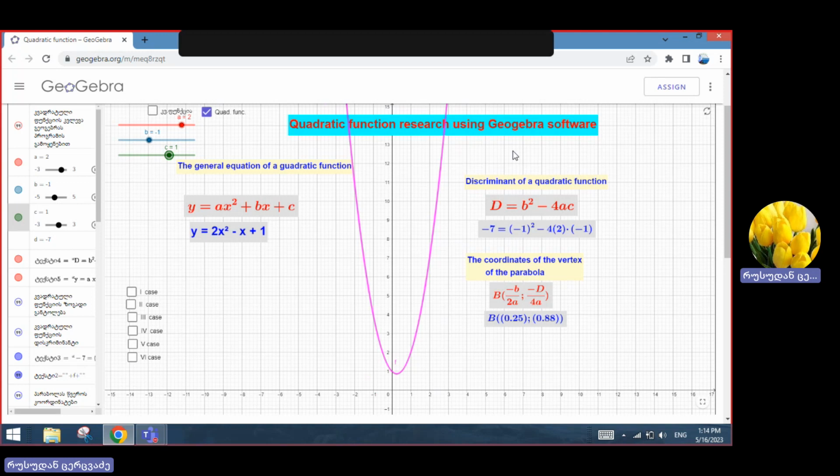A is less than 0, discriminant is more than 0, the graph crosses the x-axis, branches are directed down, and the function has two zeros.